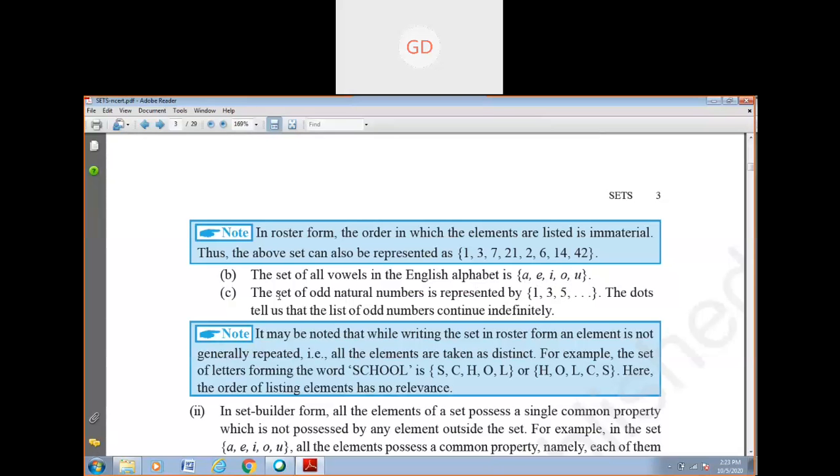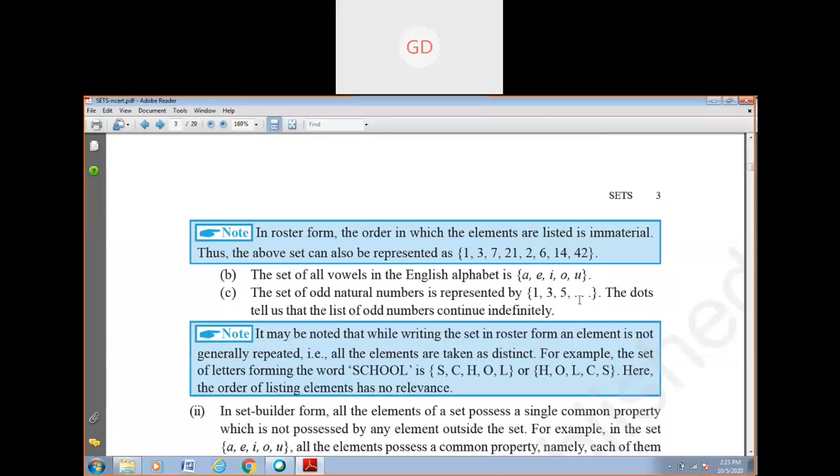Similarly, another example, number C. The set of odd natural numbers is represented by 1, 3, 5, comma, dot, dot, dot. This is also in tabular form, because we have written all the elements within the second bracket using commas. So 1, comma, 3, comma, 5, comma, dot dot, and so on, is the set of odd natural numbers.